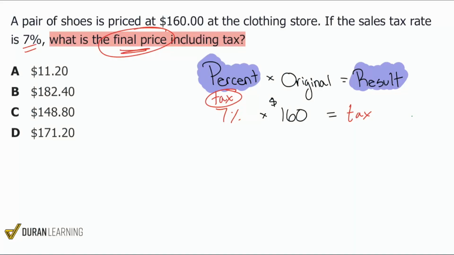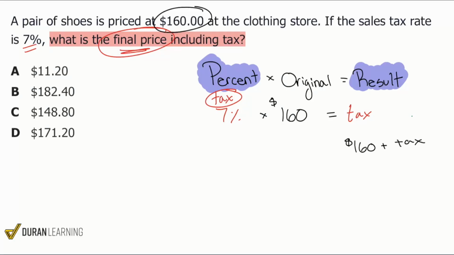Yeah, we're going to add it with the 160 original price. So at the end, we would do 160 plus tax. Let me show you that way first. Then I'll double back and show you another way that could be longer, but it may help you out in problems where you work backwards.